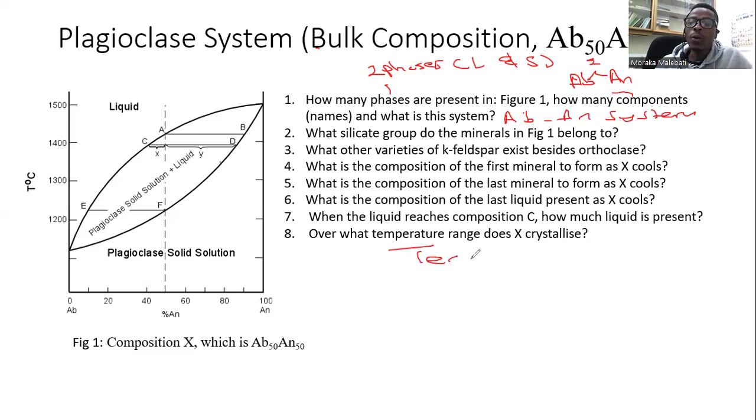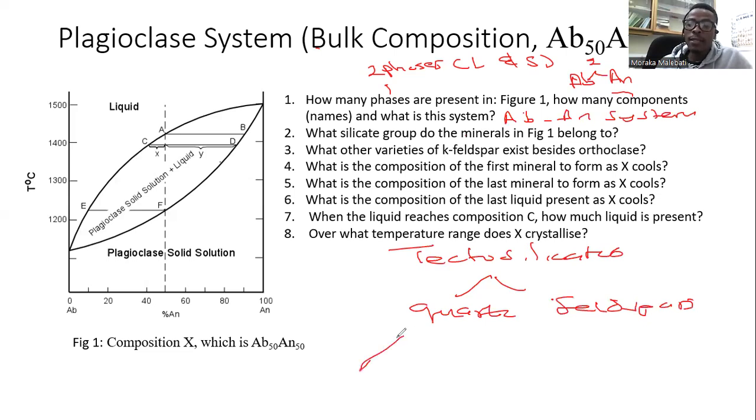Because we know tectosilicates, we've got two types of tectosilicate groups. We've got the quartz, and then we've got the feldspars. For the feldspars, we've got this diagram: K, sodium, and calcium. The feldspars between the sodium and calcium end members, we call them the plagioclase.